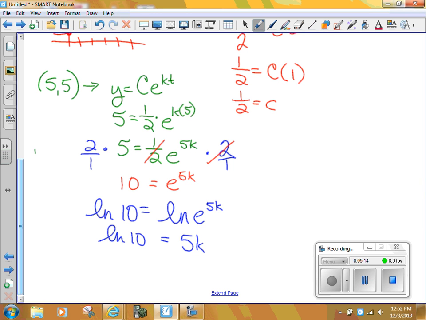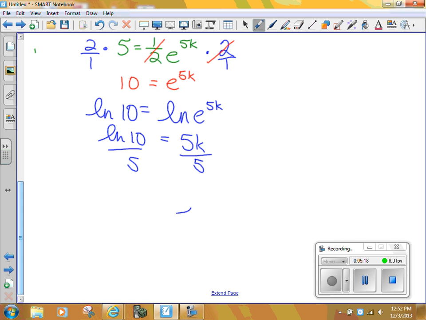What now? Is it 1/5? You could write k = 1/5 ln 10, but if you think of the natural log of 10 as its own number, I cannot reduce this value with this 5.